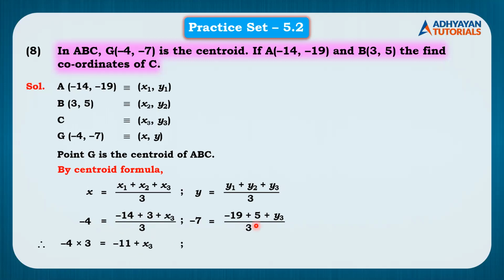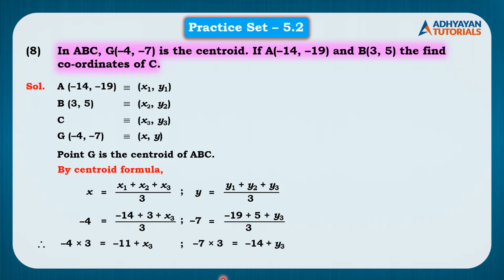Now we'll do the same thing here. The 3 in the denominator will be multiplied with minus 7 on the other side. So minus 7 into 3 is equal to minus 19 plus 5. Minus plus minus, 5 out of 19, 14 remains, sign of the greater number is minus, so minus 14 plus y3.